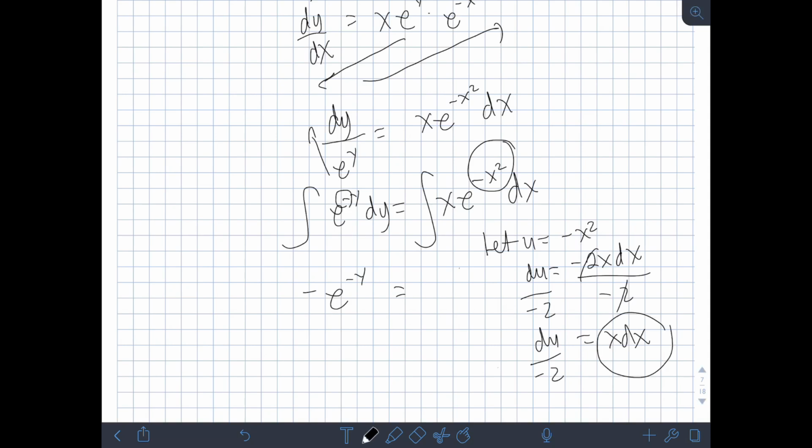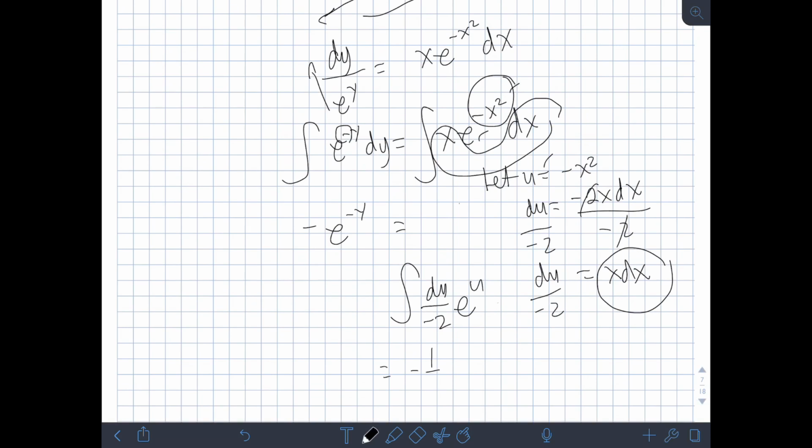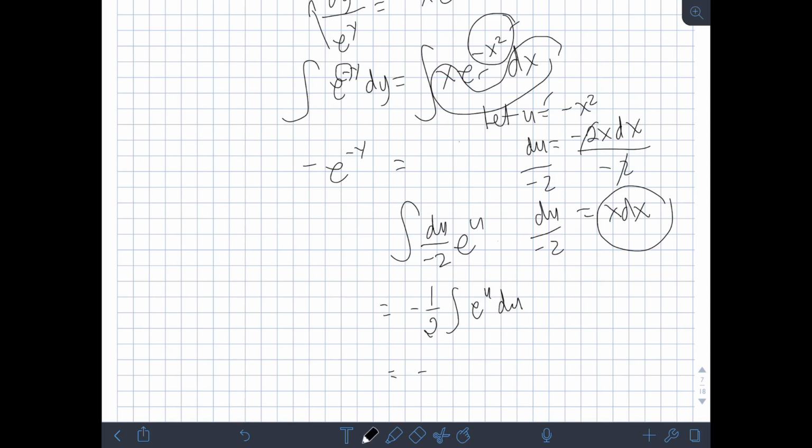So, itong x dx, ito na yon. Tapos, we have integral ng du over negative 2. And then, itong e raised to negative x squared is e to the u. So, parang negative 1/2 integral ng e^u du. Or simply, negative 1/2 e^u.